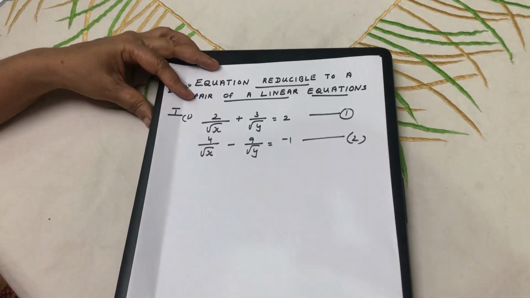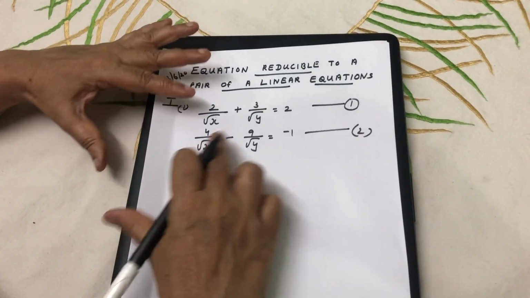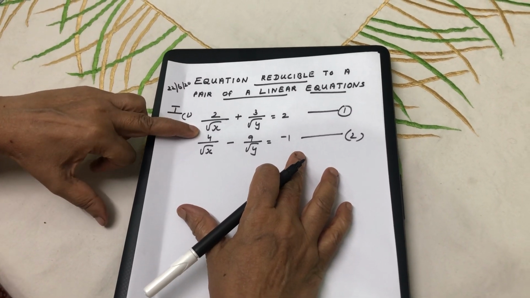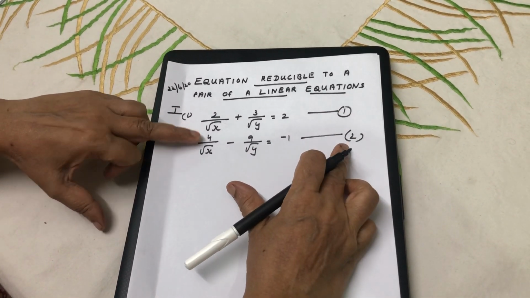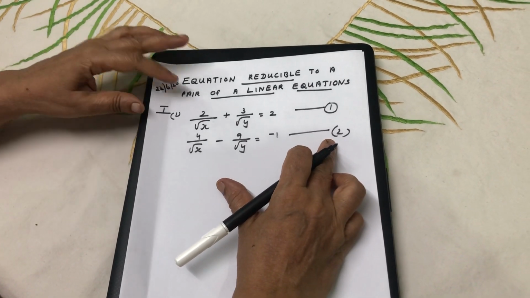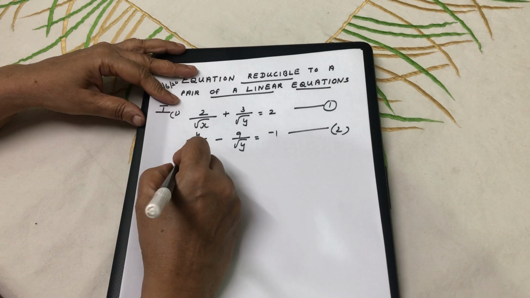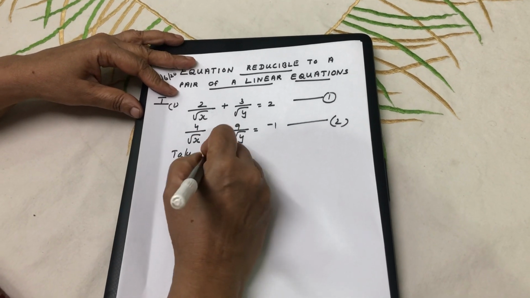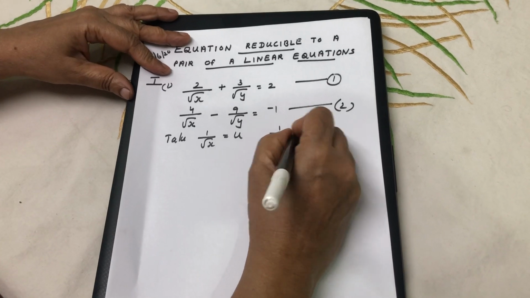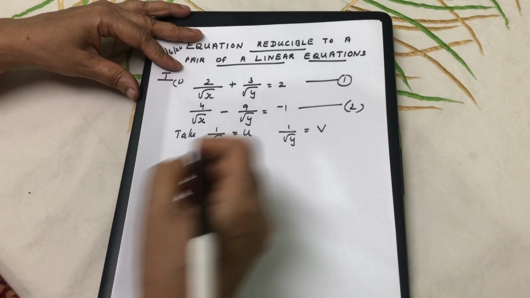So by looking at this equation, it is not linear, but by doing some substitution, we can make this equation a linear equation and then we can solve it. So let us take 1 by root x as u and 1 by root y as v.